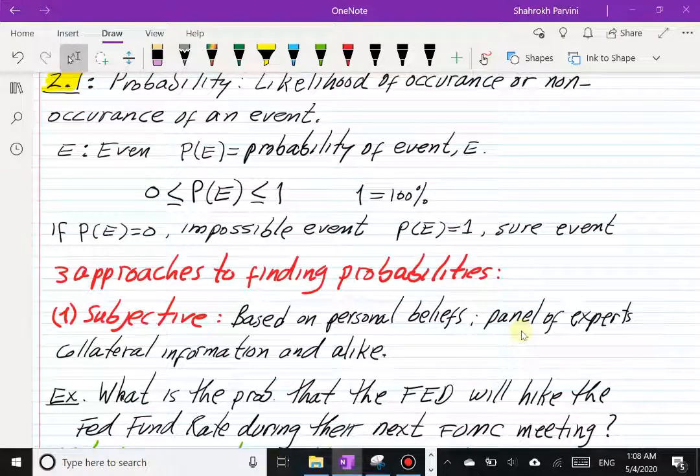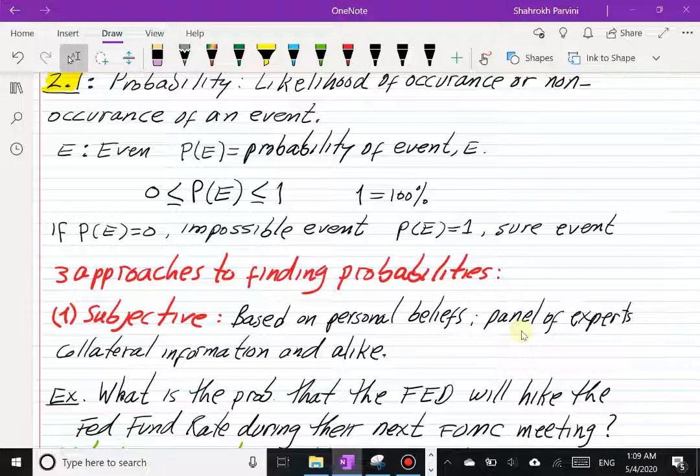Okay, so here I have an example of a subjective probability. For instance, I want to know, what is the probability that the Fed will hike the Fed funds rate during the next FOMC meeting? Well, personally, I have no idea what that probability is because I'm not an economist. But this would be a good example of subjective probability, because maybe I have a colleague who's an economist, and if I ask him or her, I get different numbers.